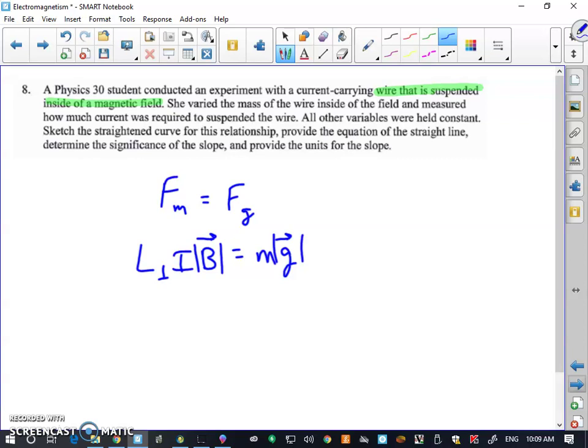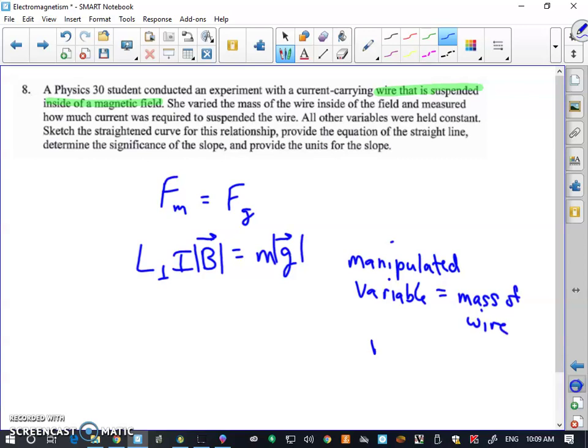Well, I need to sketch the straightened curve for the relationship. And so find out what your manipulated variable was and the responding variable. So manipulated variable is what? The mass of the wire.